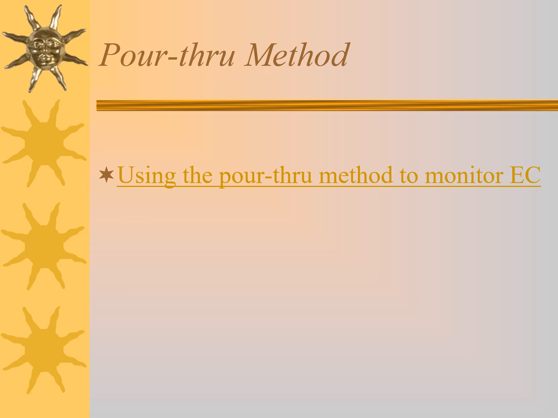This is why we subtract the background electrical conductivity of the irrigation water from the electrical conductivity of the leachate that was collected. And then finally, the last step is we are going to record the sample's corrected electrical conductivity and its pH. And then over time, we are going to keep track of that data.